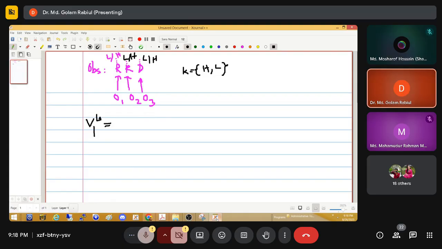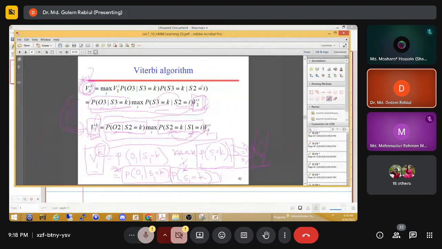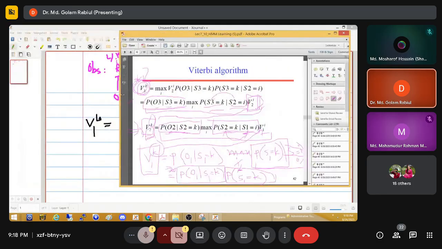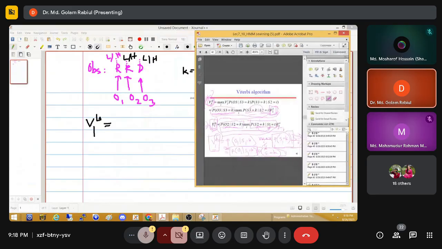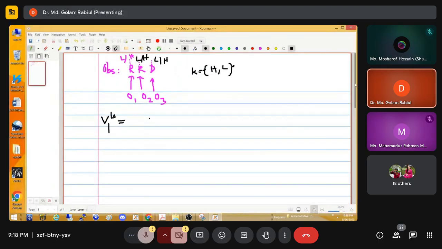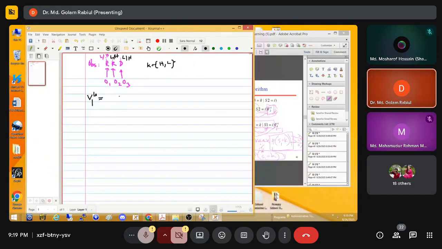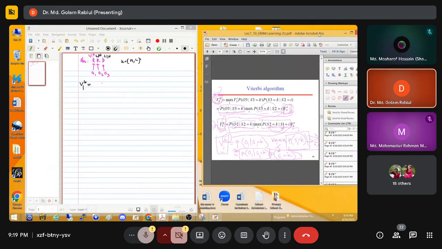So for V1 of low, according to our algorithm, whatever we have derived so far, V1 is observation 1 and S1 equal K. You can see this is the probability of observation 1 and S1 equal K. What's our observation 1?